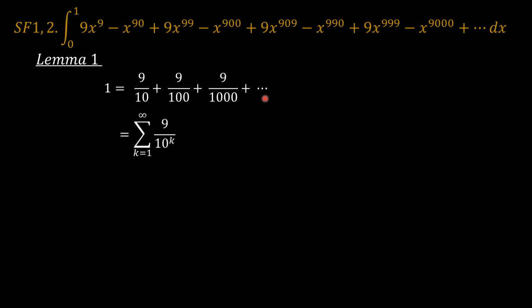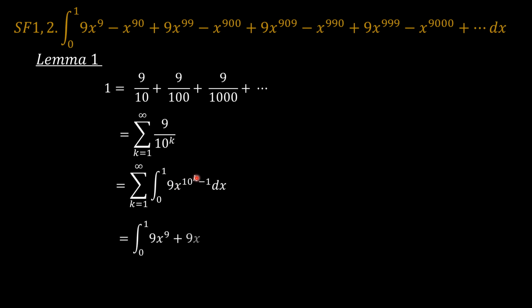So this can be expressed in this beautiful summation of 9 over 10 to the power k, from k equals 1 to infinity. And then the other thing is we can also express this in an integral format because this 10 to the k could be taken up as a power of x, and then we keep the constant 9 so that we have the integral of 9 times x to the power 10 to the power k minus 1 from 0 to 1.